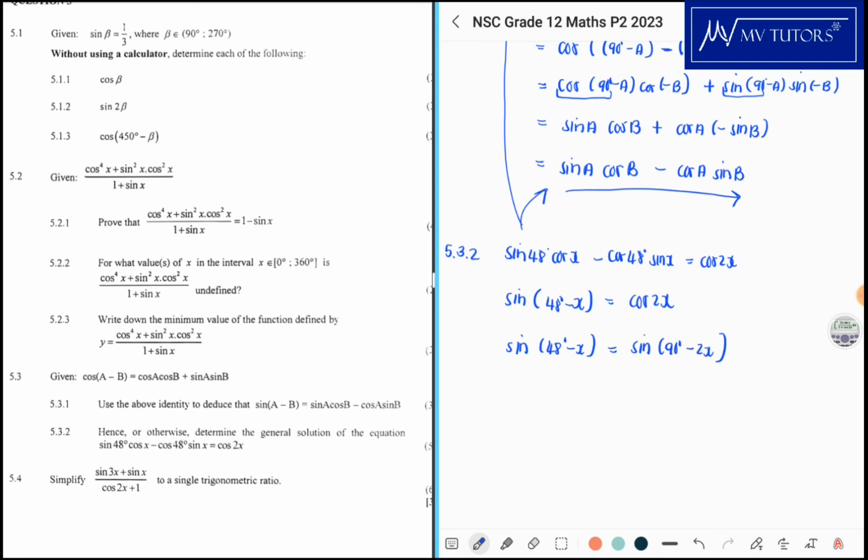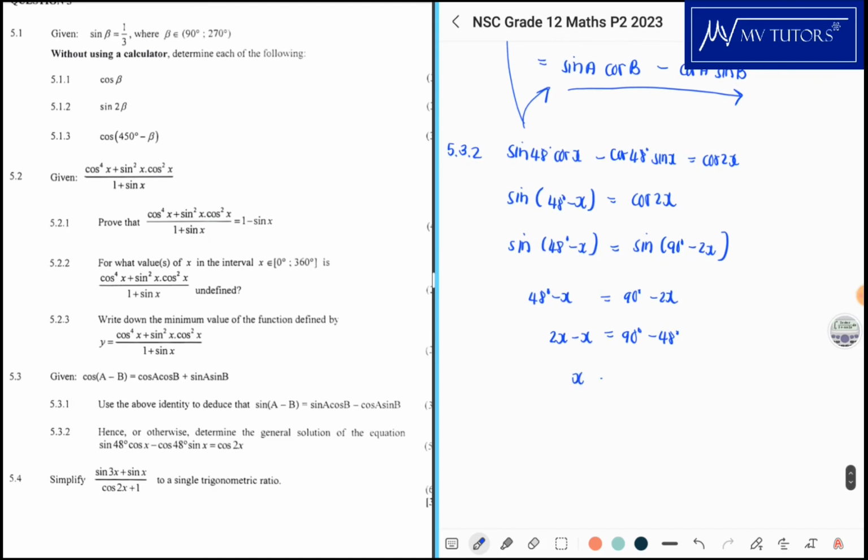So it becomes better: I have sine on the left hand side, sine on the right hand side. Therefore, I can make the angles equal to each other. So I then have 48 minus x is equal to 90 minus 2x. If I take 2x to the other side, it becomes 2x minus x. And if I take 48 to the other side, it's 90 minus 48 degrees.